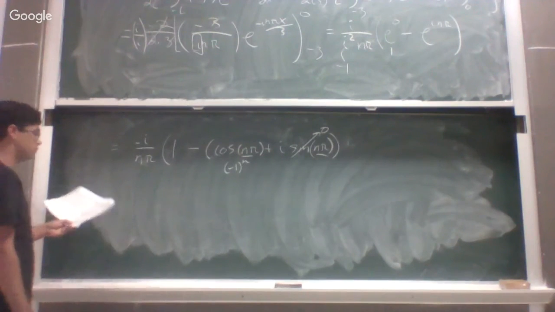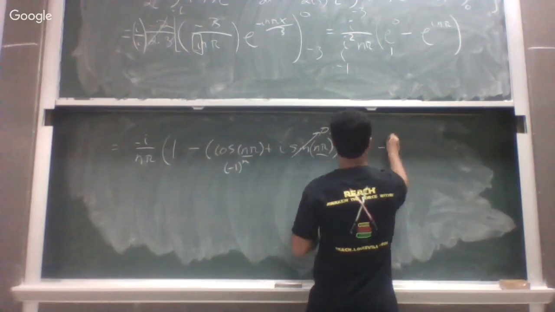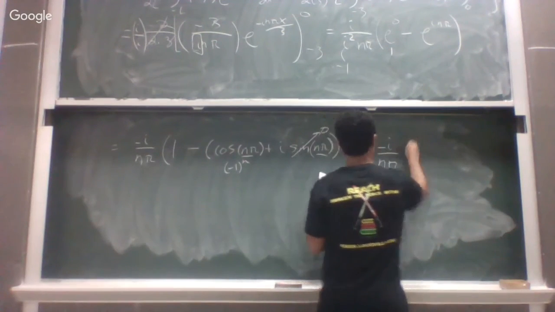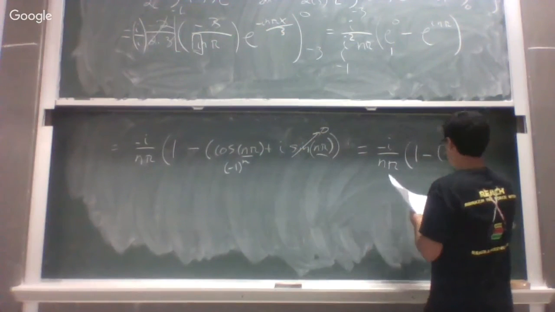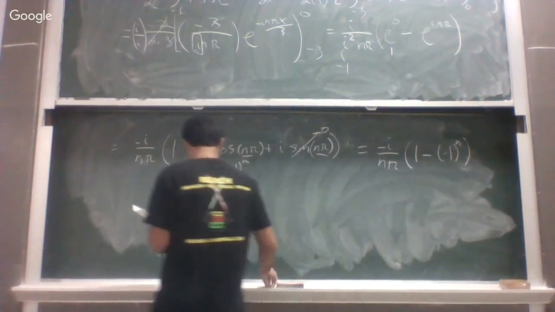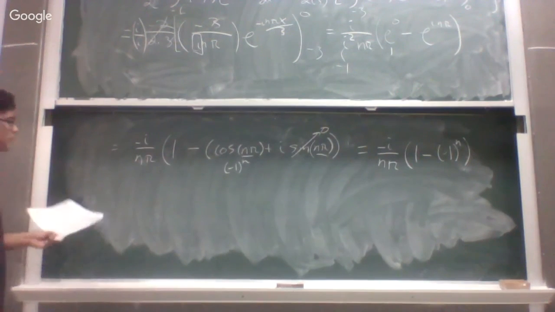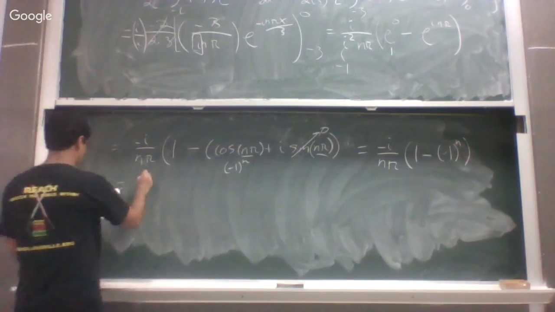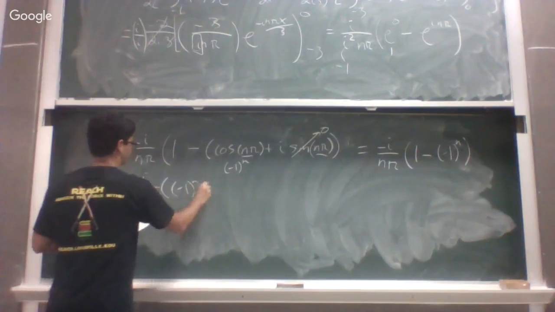So this goes to negative I over n pi times 1 minus negative 1 to the n power, and since we have a negative on the outside, we can rewrite this as I over n pi of negative 1 to the n minus 1.